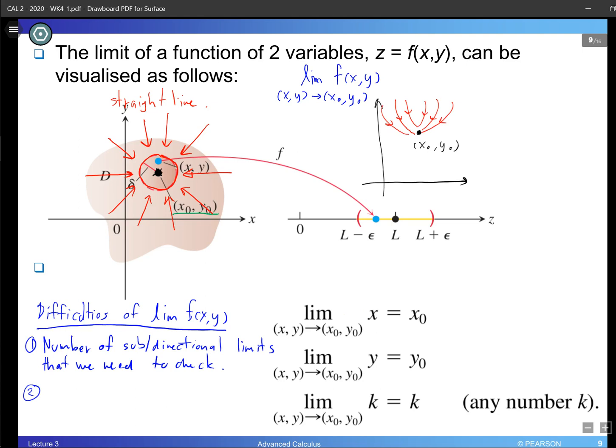So here we are using a parabolic curve in order to approach this point, and it turns out that it matters too. When you change the way you approach it, sometimes it causes the final limits or sublimits to be different. So here, parabola.